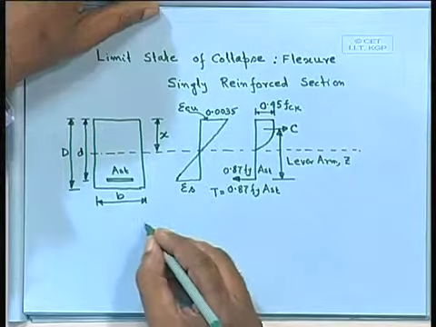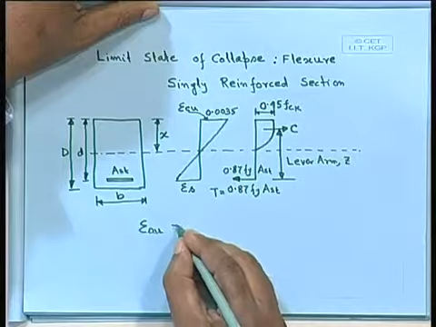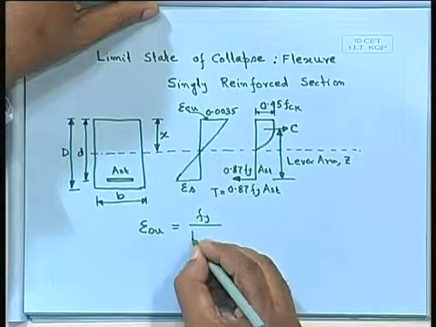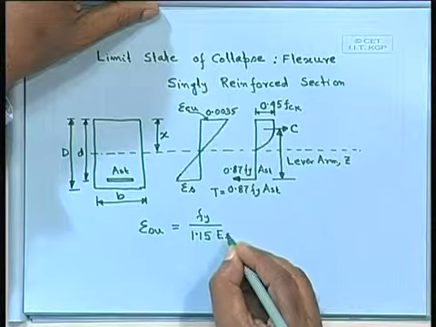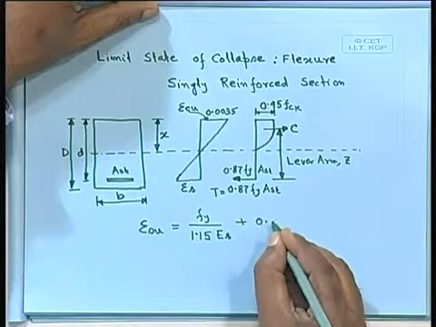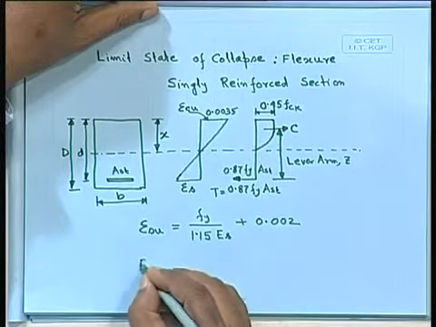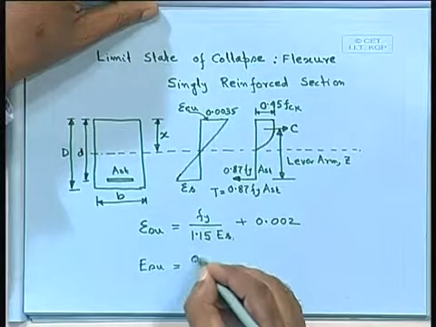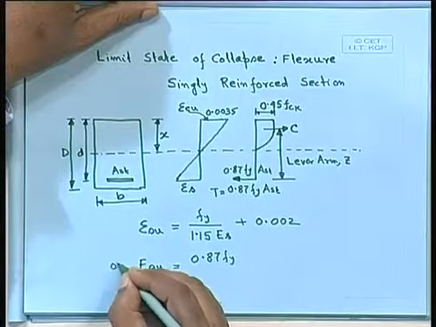Epsilon SU as per the code, to repeat, fy, that is one of the assumptions also. Or we can write it in a familiar way, which is nothing but 0.87 fy.